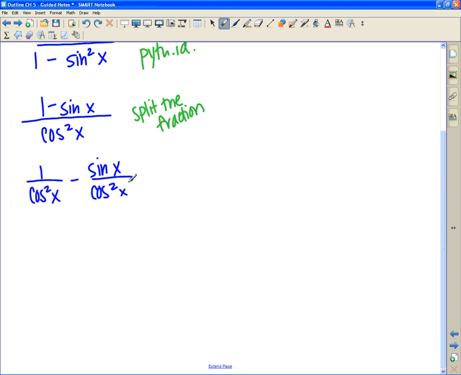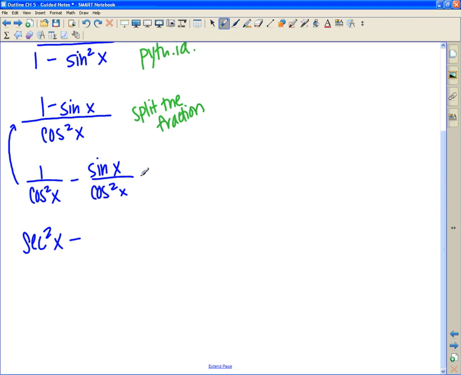You guys are mostly familiar with going from this way to this way, because most of the time you've wanted to add fractions together, not move them apart. In this case, we want to move them apart. 1 over cosine squared, that's a basic identity, secant squared x, minus what do we have here?